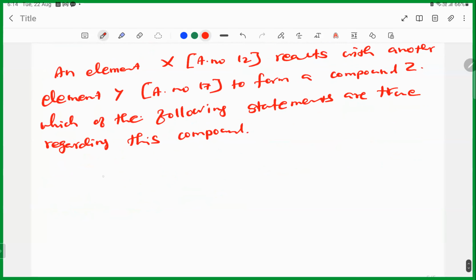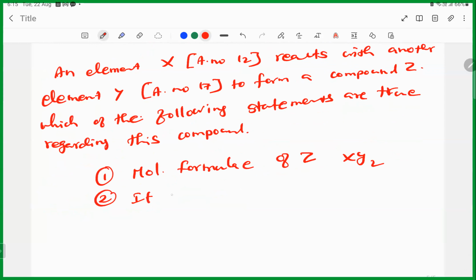1. The molecular formula of Z is XY2. Number 2, it is soluble in water.